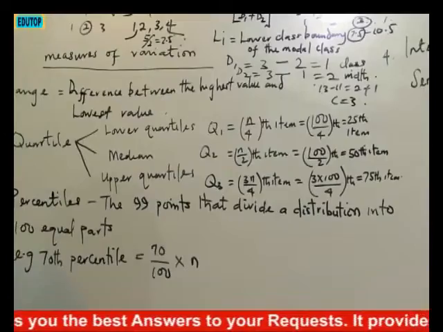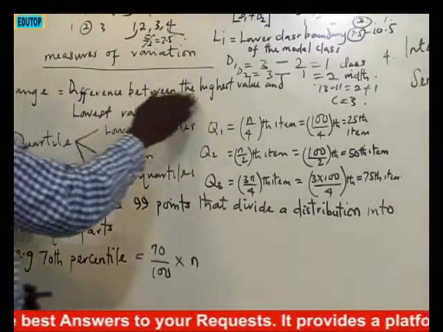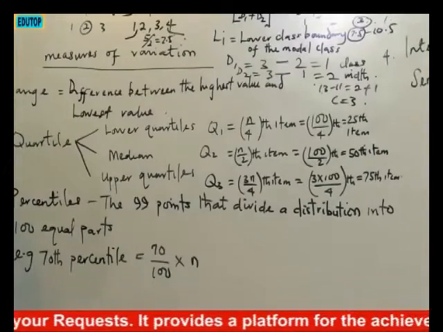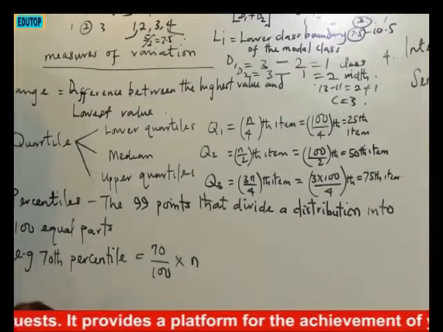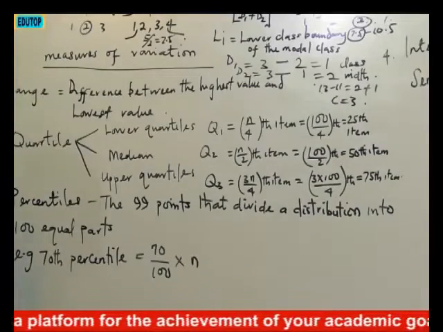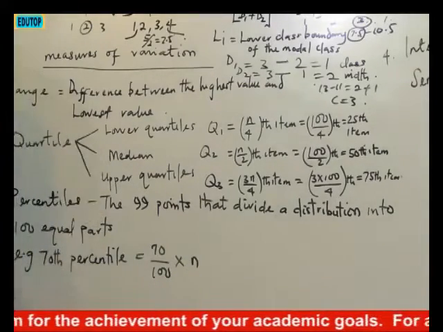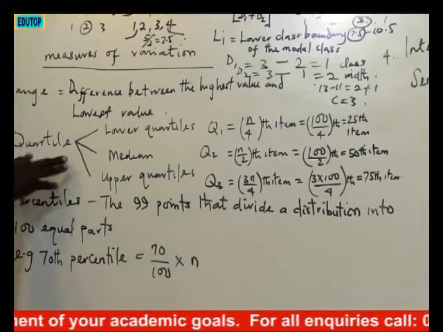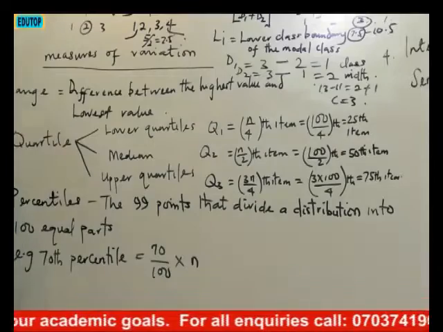So in this situation, what is range? Range is the difference between the highest value and the lowest value. So if you are given a set of numbers, we pick the one that is the highest, and we subtract the one that is the lowest from the one that is the highest, and we determine that. So that one is very straightforward. Then when we now talk about quartile, quartile can be classified into 3.